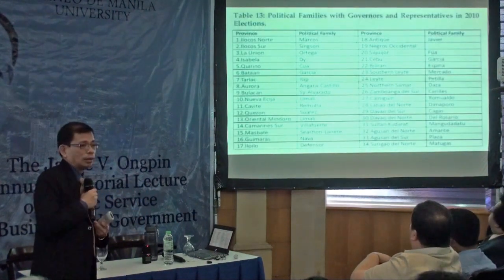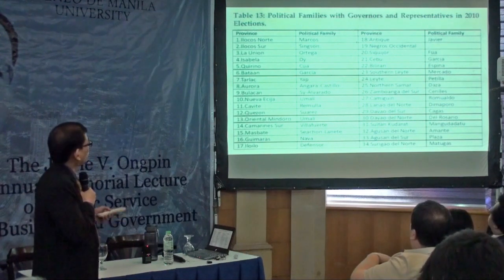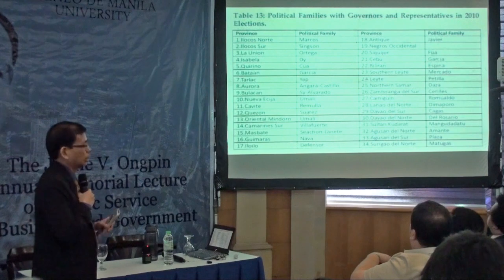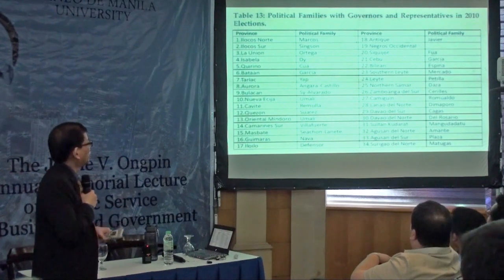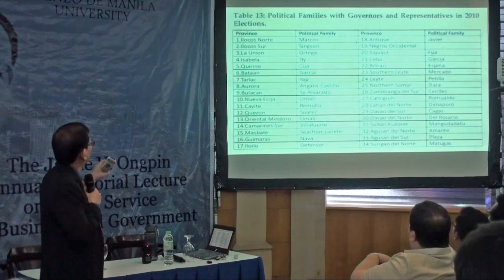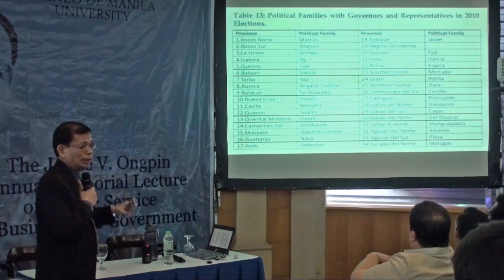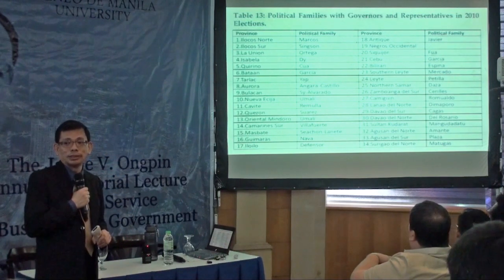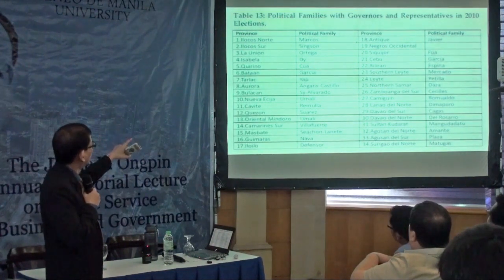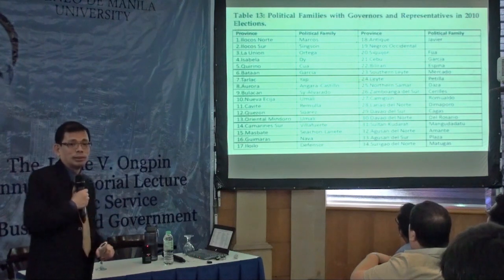And this is their work, and this is their table, 1 to 34. 44% of provinces there. You might notice that Ilocos Norte, Quirino, and Iloilo also have senators as relatives. So number 1, number 8, and number 17.